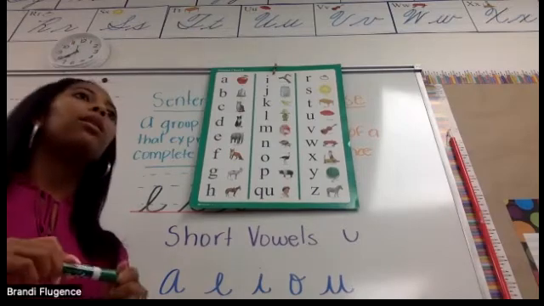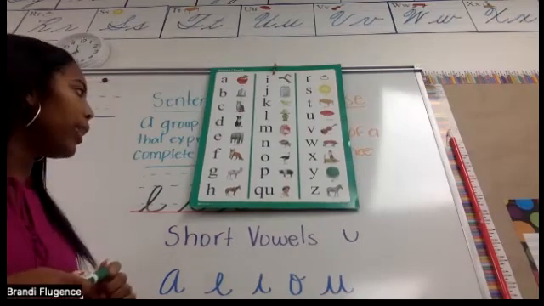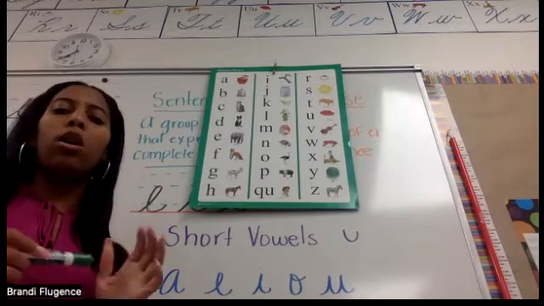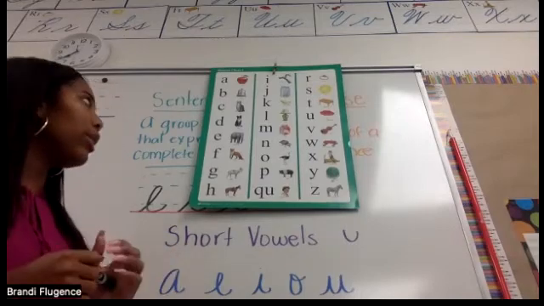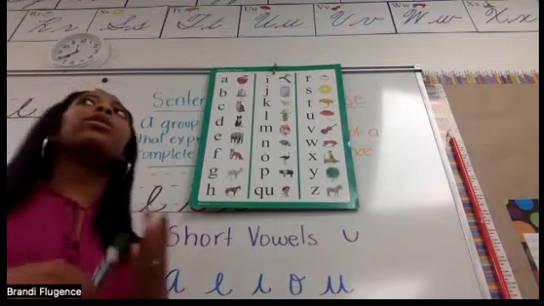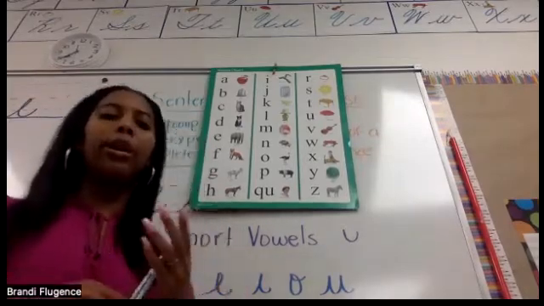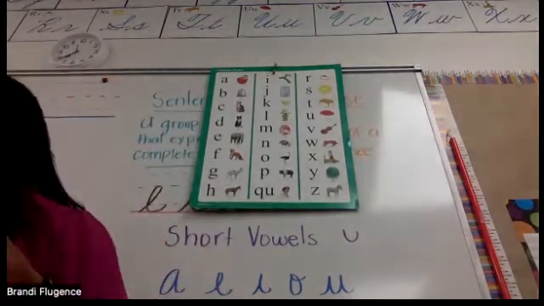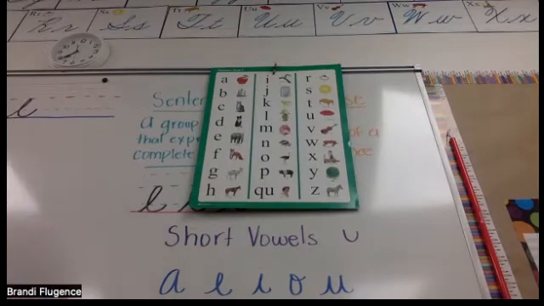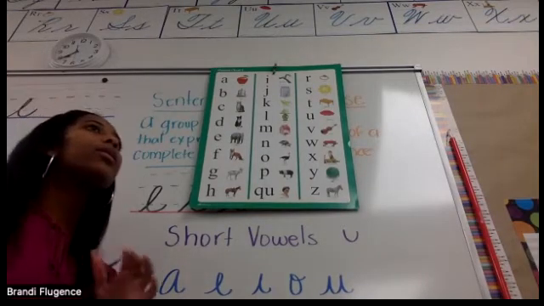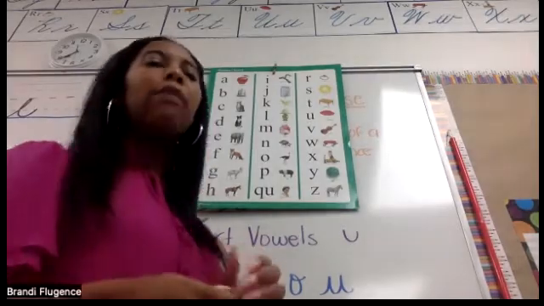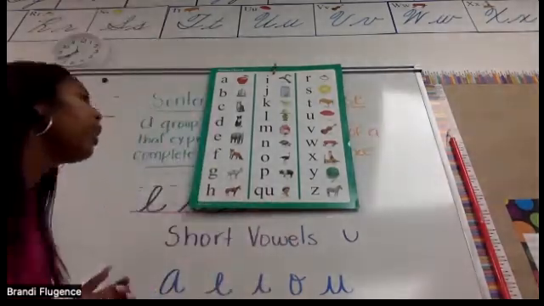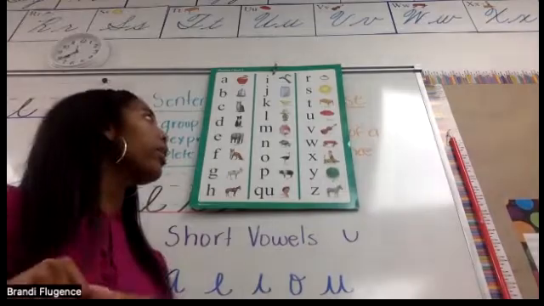P says p, pig. Q says quack, quack, quack, queen. R says r, ring. T says t, table. U says u, umbrella.